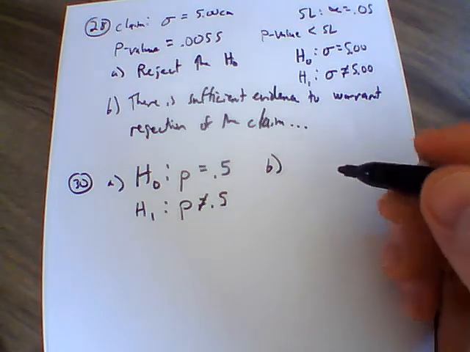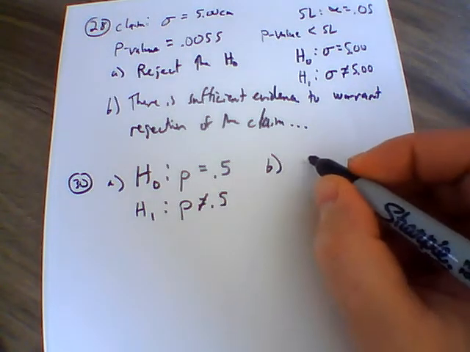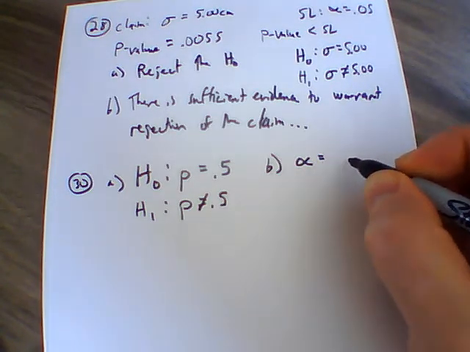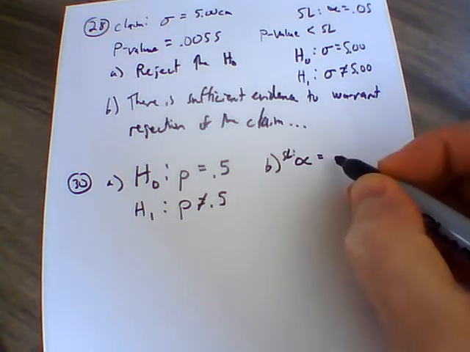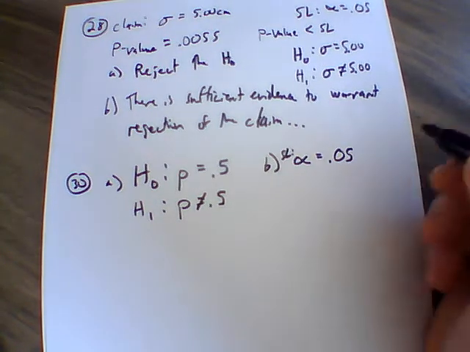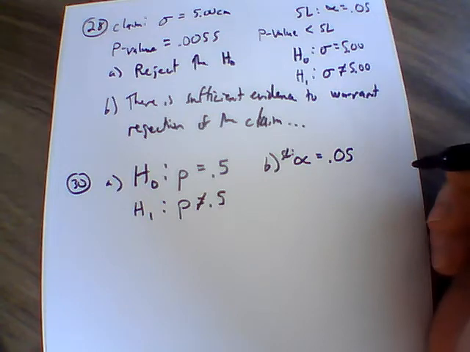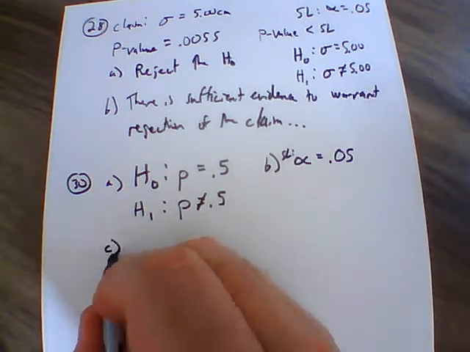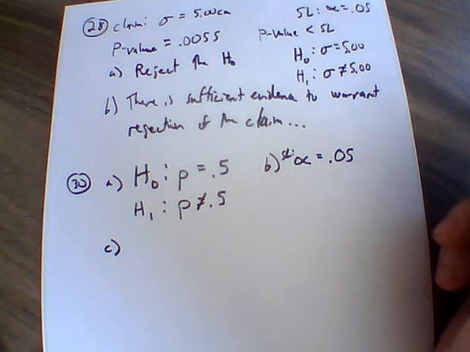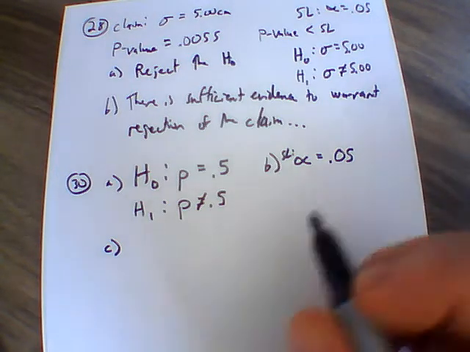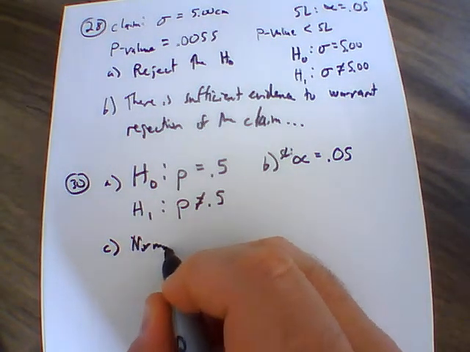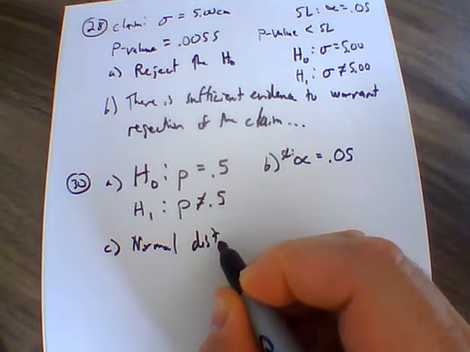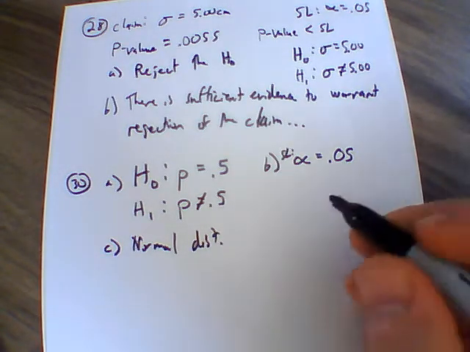Part B asks for the significance level. They told us alpha is 0.05. Part C asks, what is the sampling distribution of the sample statistic? We have a normal distribution.